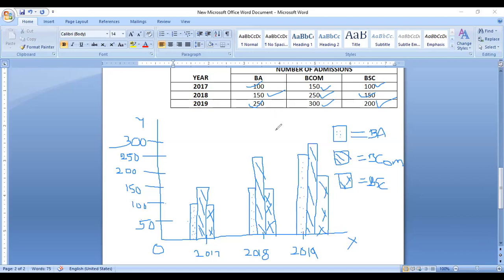I hope you understood. Similarly, on the x-axis also we have to mention what for 10 centimeters or 5 centimeters, how much, what is the data that is depicted, we have to show.